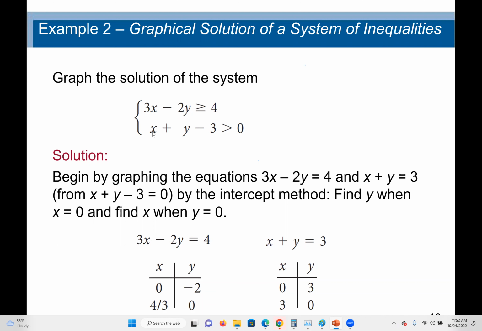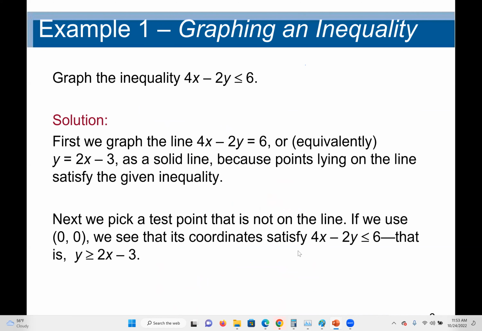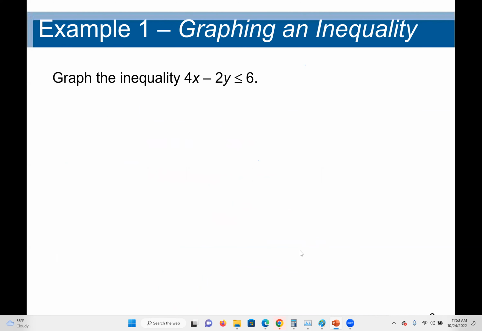Let's put 2, 1 here again. X is 2, Y is 1. 2 plus 1 gives us 3. 3 minus 3 is 0. Is 0 greater than 0? No, that condition didn't meet. Let's see the solution again.